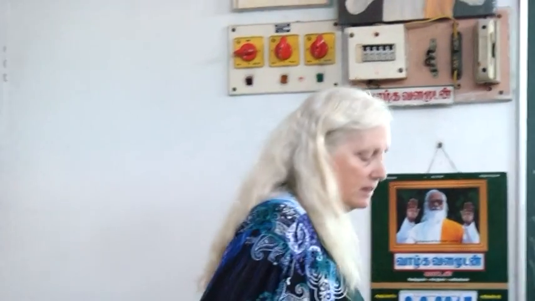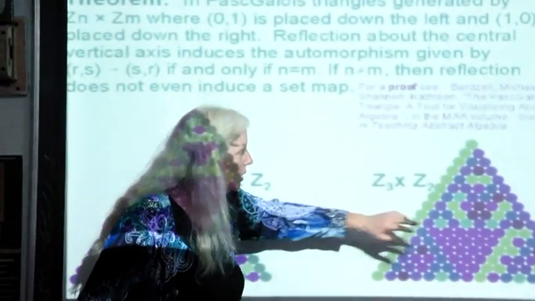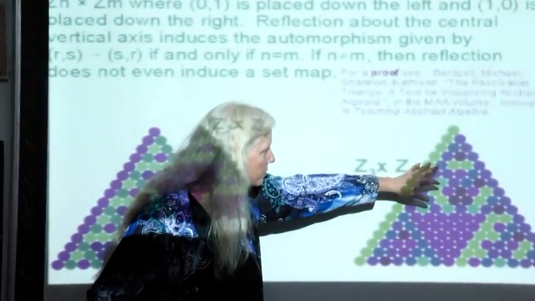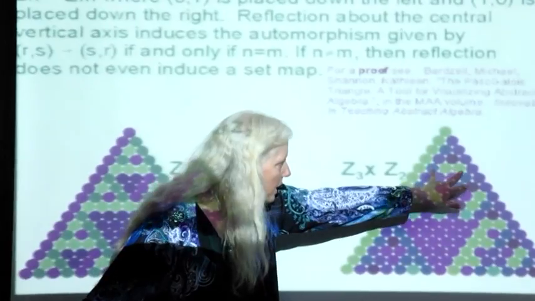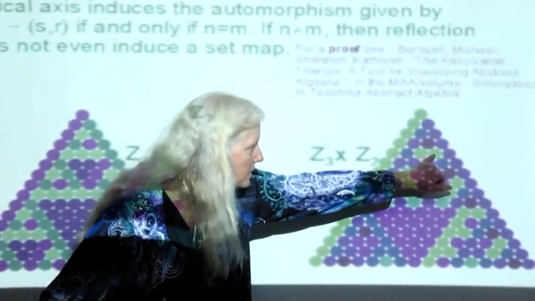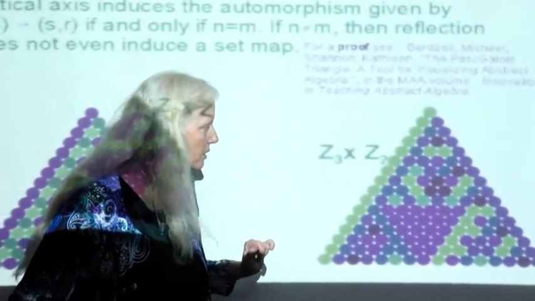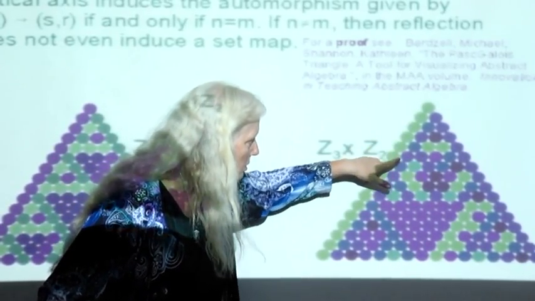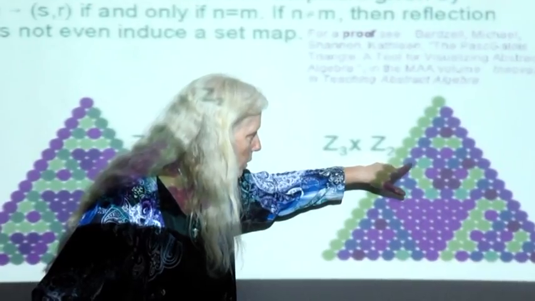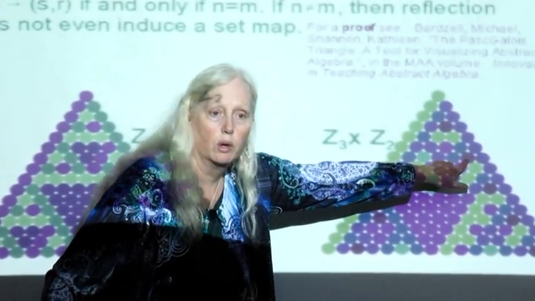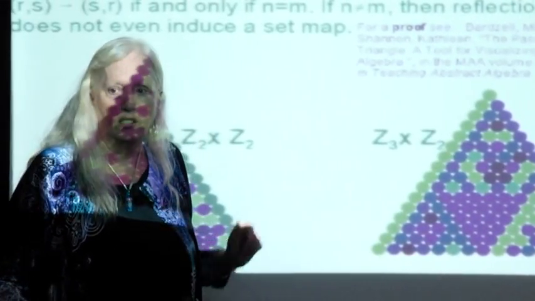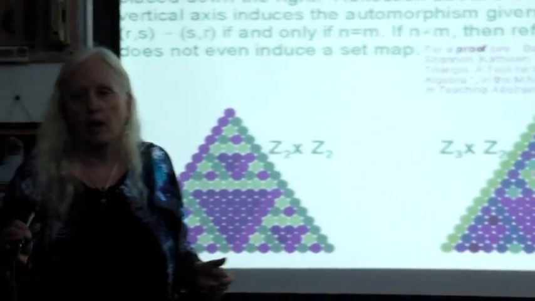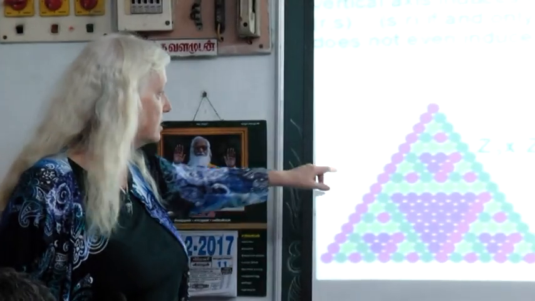And you can see this over here with Z3 cross Z2. Let's look here, blue needs to go to green, right? But up here, blue would go to, right? They don't always go to the same colors. It does not happen here.